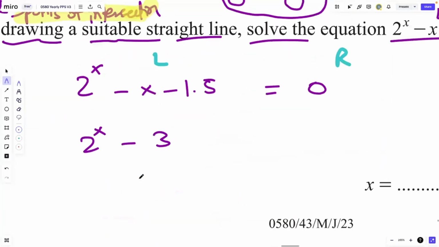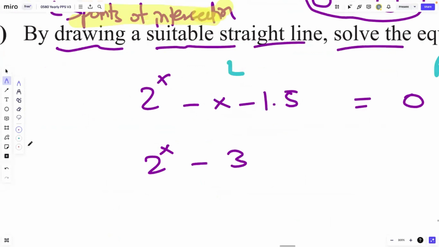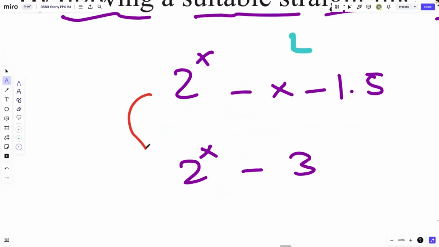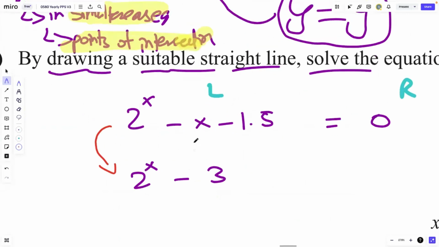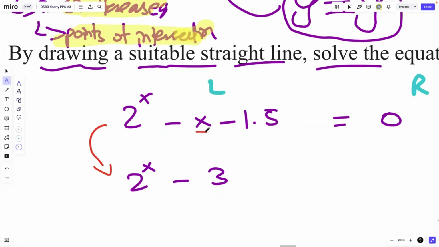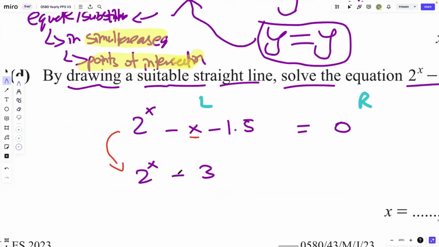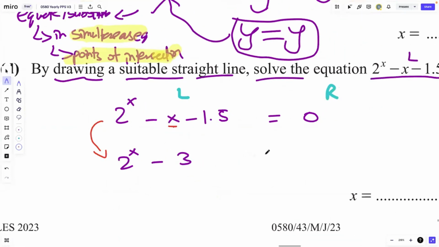Now, for us to have this, we need to backtrack. How do we go from here to here? How do we make this to this? Obviously we do not need the x here. So we'll do plus x.